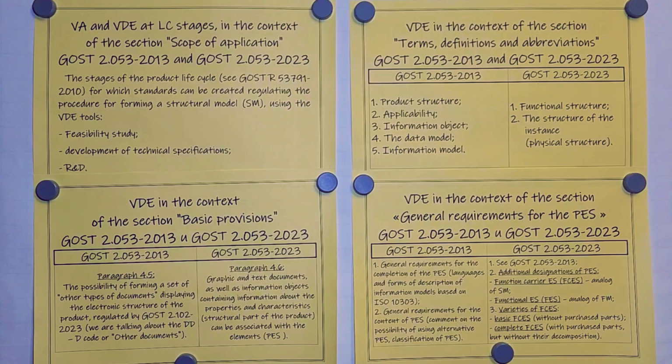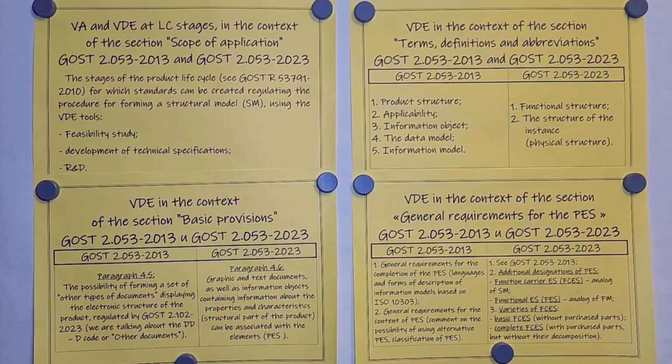As a result, according to the section Terms, Definitions and Abbreviation, it can be concluded that in GOST from 2013, an attempt was made to form a list of as general definitions as possible, allowing to expand the possible options for their interpretation. In GOST from 2023, the meaning of the terms is narrowed and approximated in meaning to the terminology used in the value analysis.